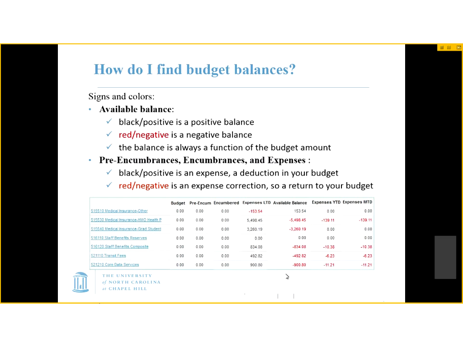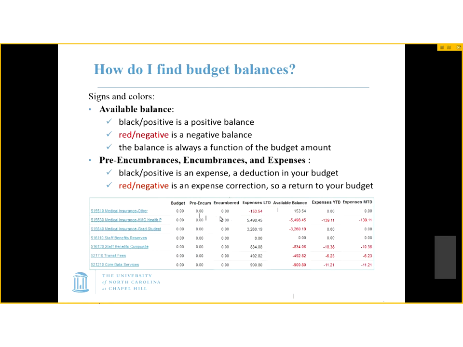One thing I wanted to draw your attention to, because we get questions about this sometimes, is what does the red and black in the positive and negative sign mean in the expenses column? It kind of works the same with revenues and expenses. So anytime you see, these are expenses, so let's talk about expenses. Let's start with black positive. A black positive in this case means I've spent that money. It's an expense.